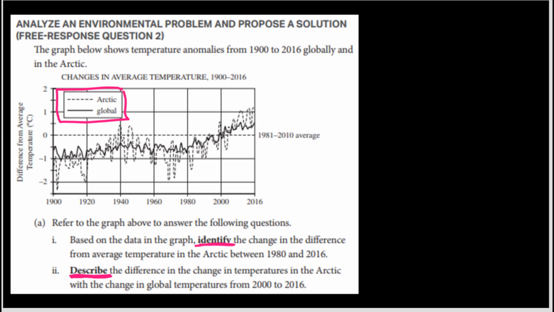Okay, so what I did is I looked at the temperature from 1980 to 2016. The 2016 temperature, it looks like for the Arctic, is just a little bit over 1. So I called that 1.1. And you'll see that that's a positive. Right at 1980, you're right about here.